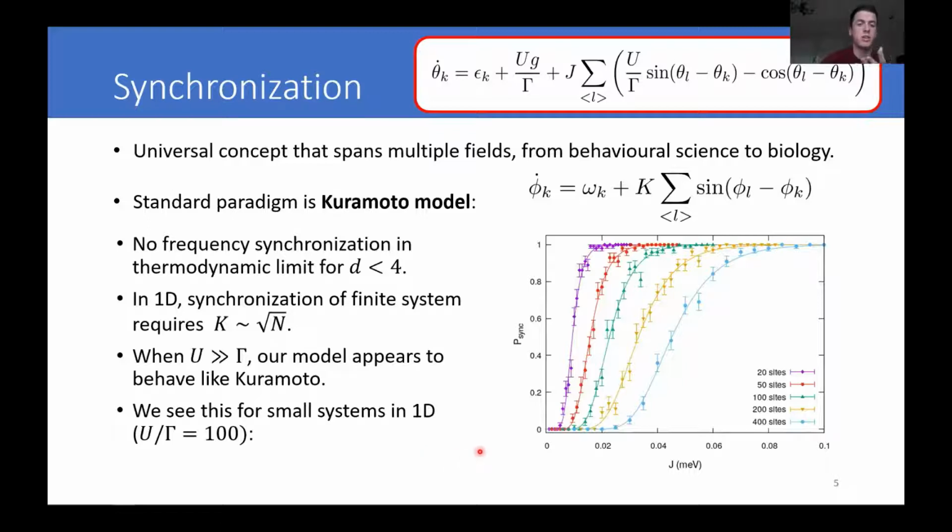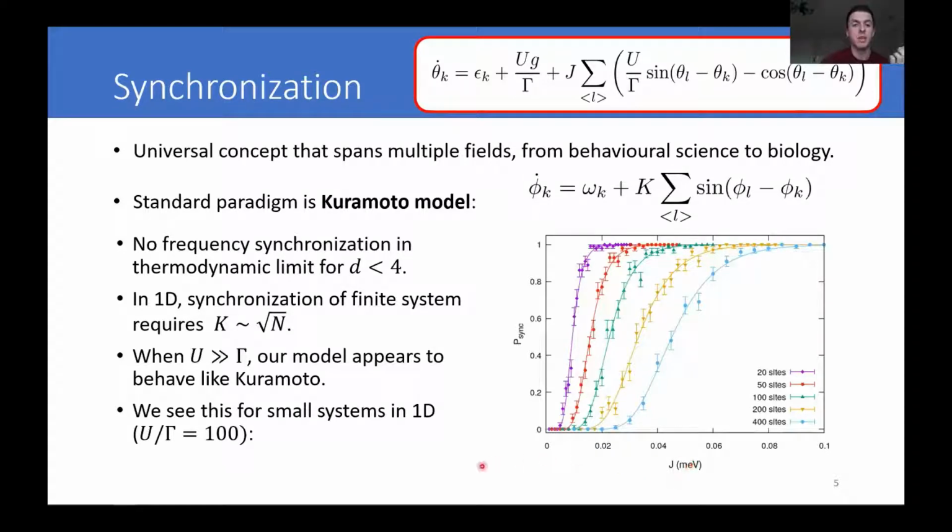To get these probabilities of synchronization, we solve our system for 100 different disorder realizations for each value of the coupling strength, or the tunneling strength. In each case we go from a desynchronized state, where there's not a common frequency across the chain, to a synchronized state as we increase our tunneling strength. However, this occurs at greater values of tunneling as we go to longer chains.